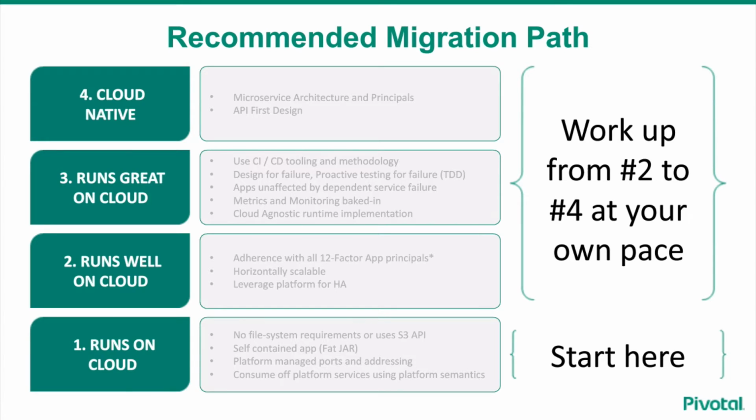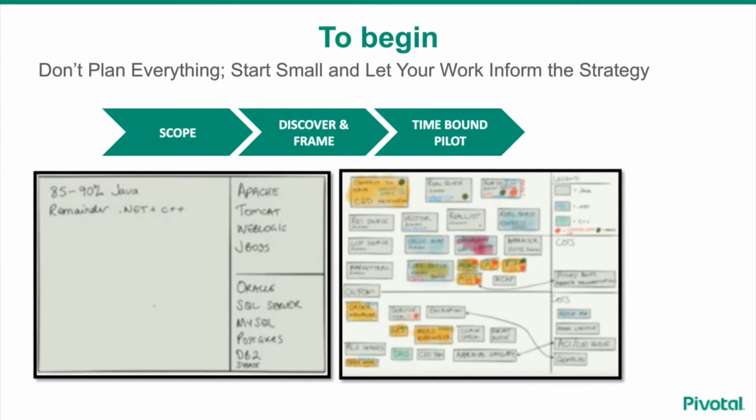And do that in a style where you don't plan everything out waterfall style up front. Start small, and let your work actually inform the strategy. This is the classic Agile approach: work a little bit, see what comes up, do another planning sprint, do a little bit more work.